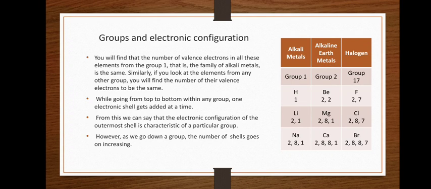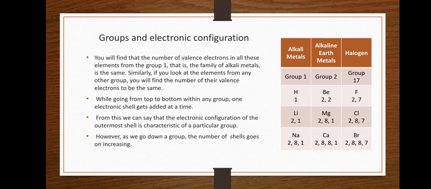If you see group 1, hydrogen's valence electron is 1. Lithium, atomic number 3, shows 2 1, again its valence electrons will be 1. Sodium, atomic number 11, will be 2 8 1, again the number of valence electrons is 1.